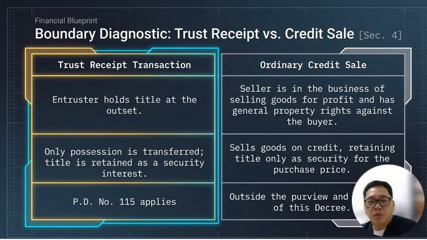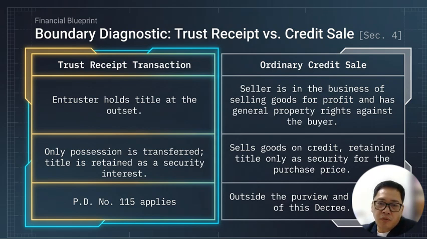Part 2 of Section 4 establishes a clear boundary diagnostic to determine whether a transaction is a legally regulated trust receipt or an ordinary credit sale. Here is how to diagnose which side of the boundary a transaction falls on. So, diagnostic 1, the trust receipt transaction inside the boundary.